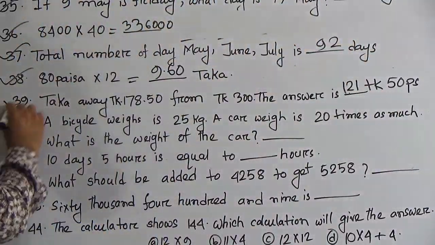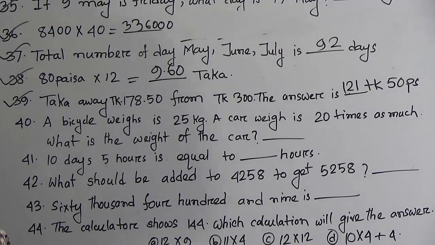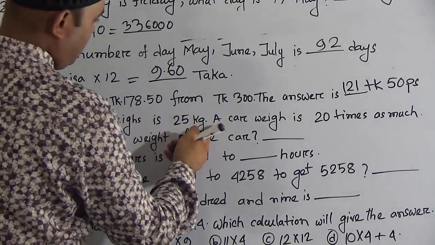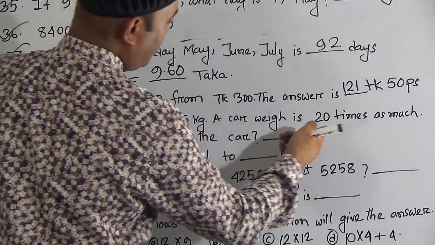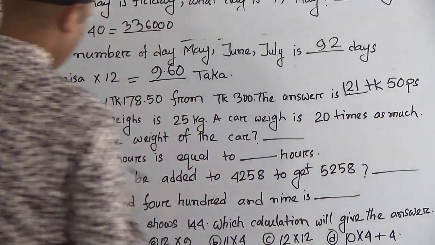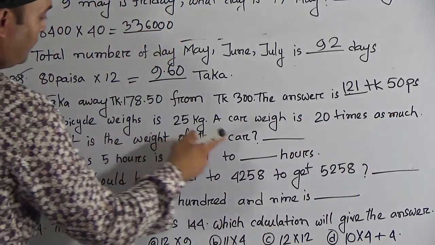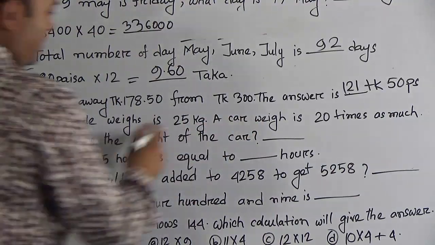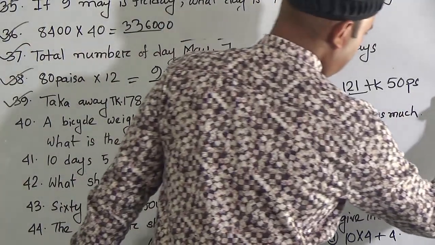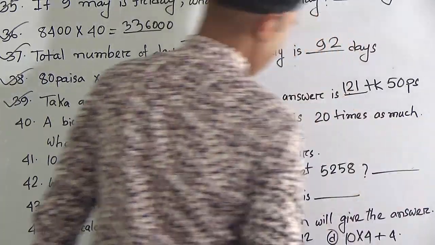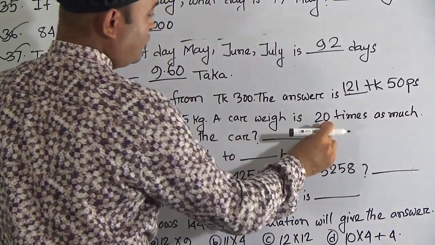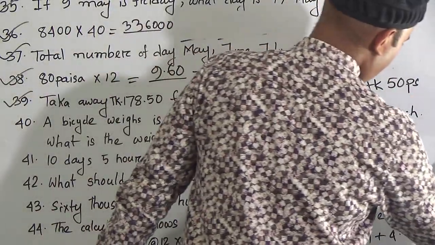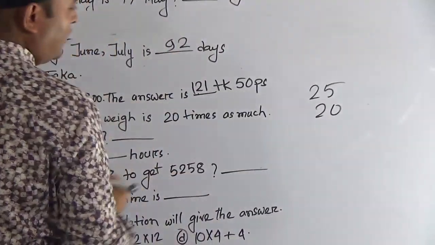Now number 40. A bicycle weighs 25 kg. A car weighs 20 times as much. What is the weight of the car? Look here, the weight of the bicycle is 25 kg and the car weighs 20 times of it. So we have to multiply by 20.